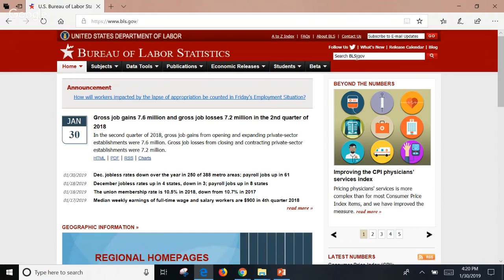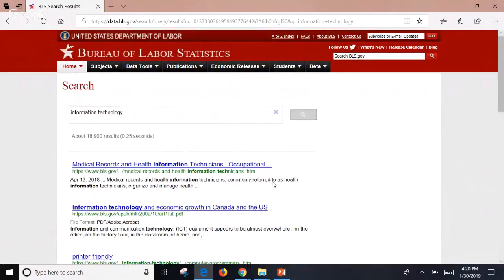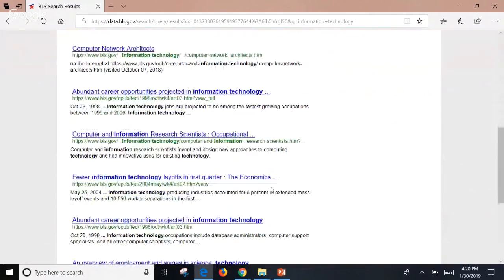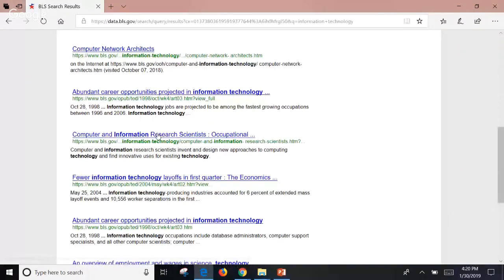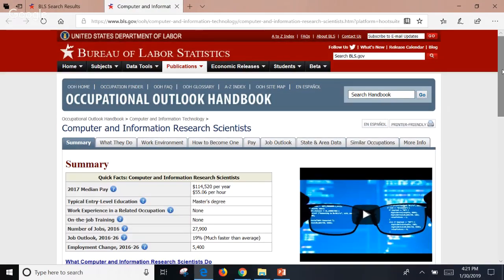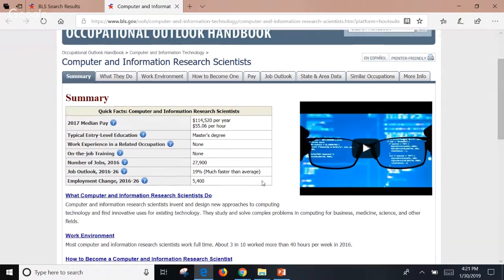So if I put in here information technology, you'll see a lot of jobs that are related to information technology. Computer and information research scientists. Let's look at that one. You'll see the average salary in 2017 was $114,520 per year.